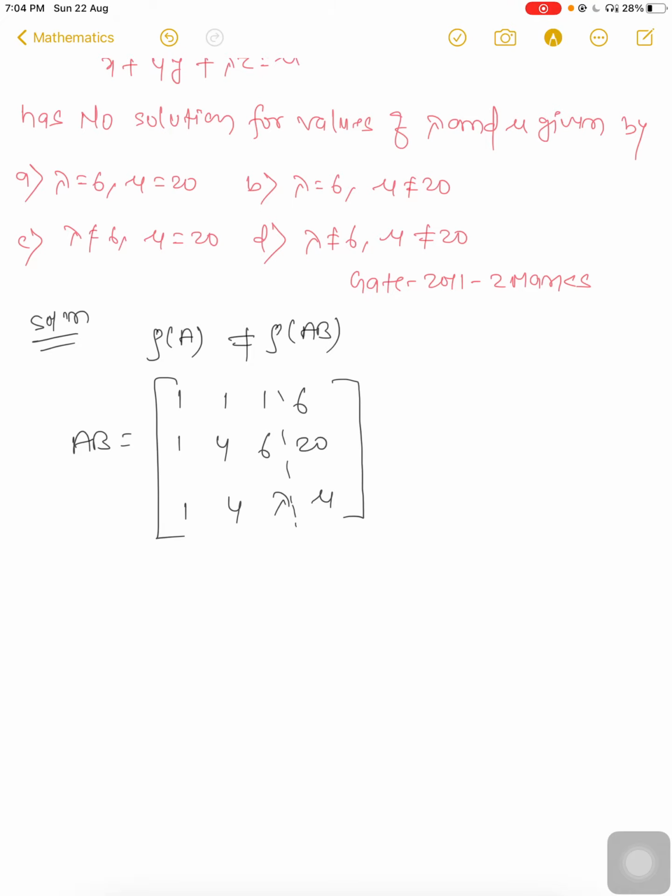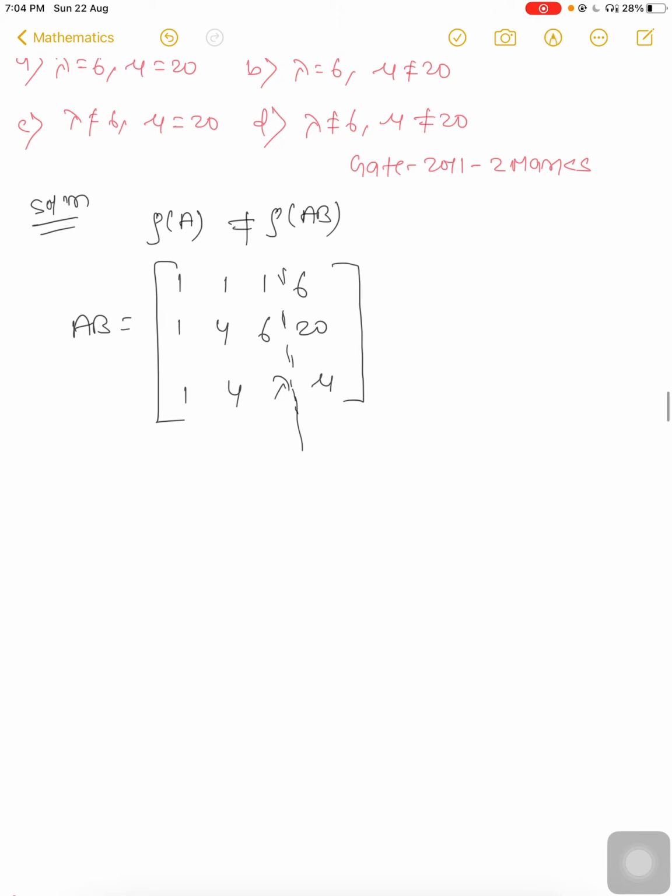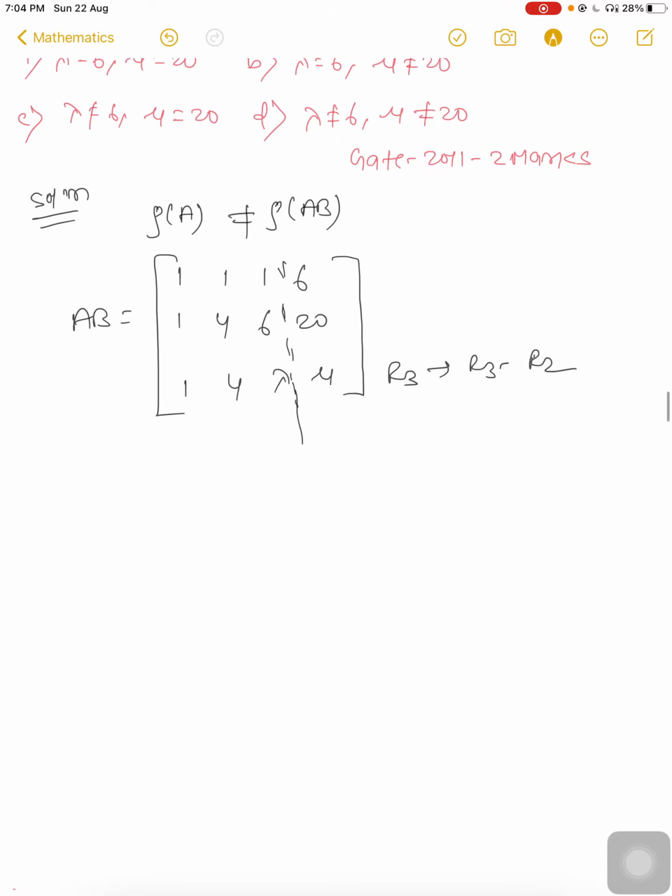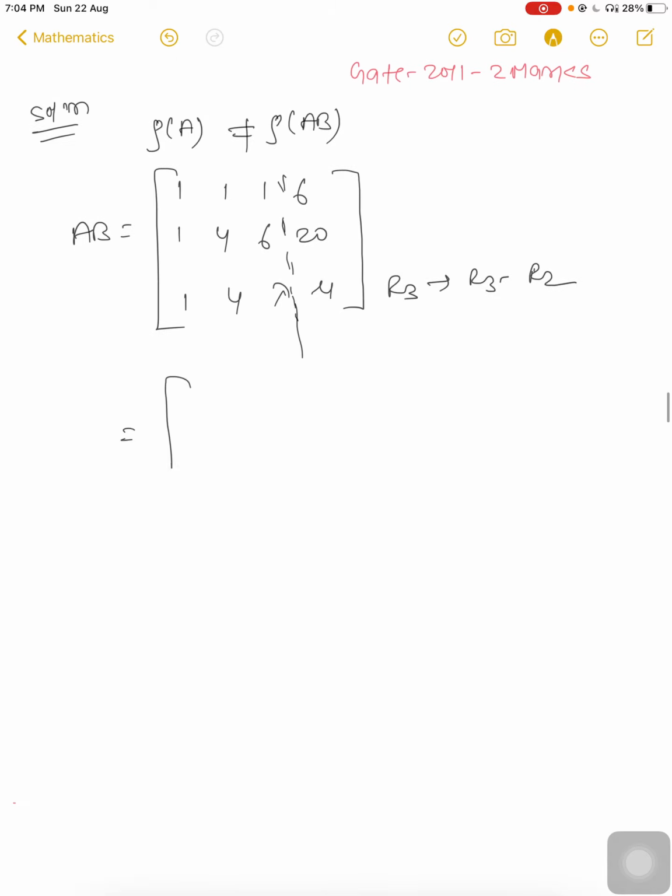Now, coming to this part, before this we have the A matrix and B. Now make R3 equal to R3 minus R2.